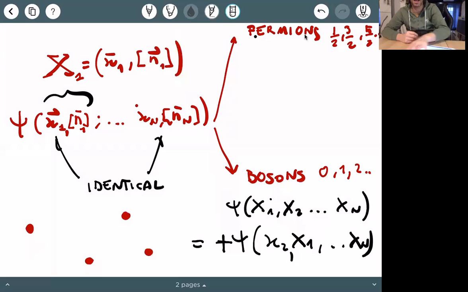For instance, if I throw these two identical coins, two identical 2 euro cent coins, and I'm asking in a classical problem what's the probability that I get this coin in this position and this coin in this position after I throw them, maybe I can compute it.